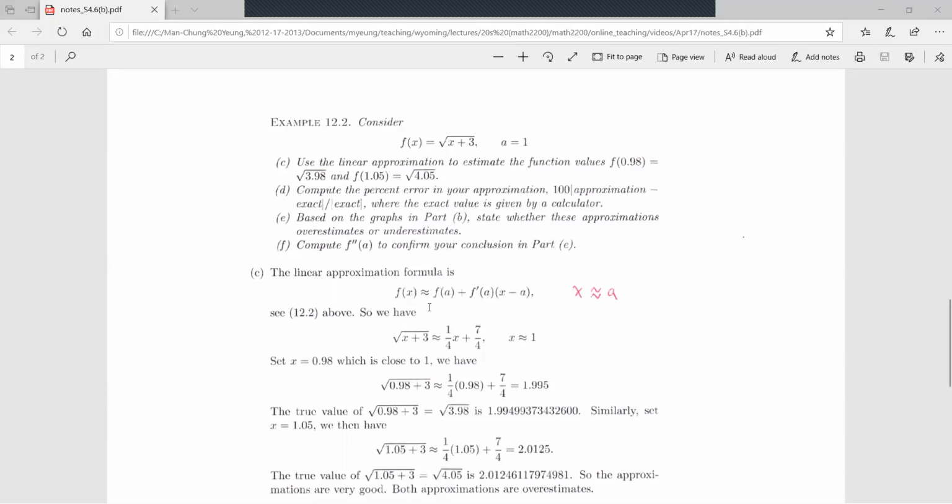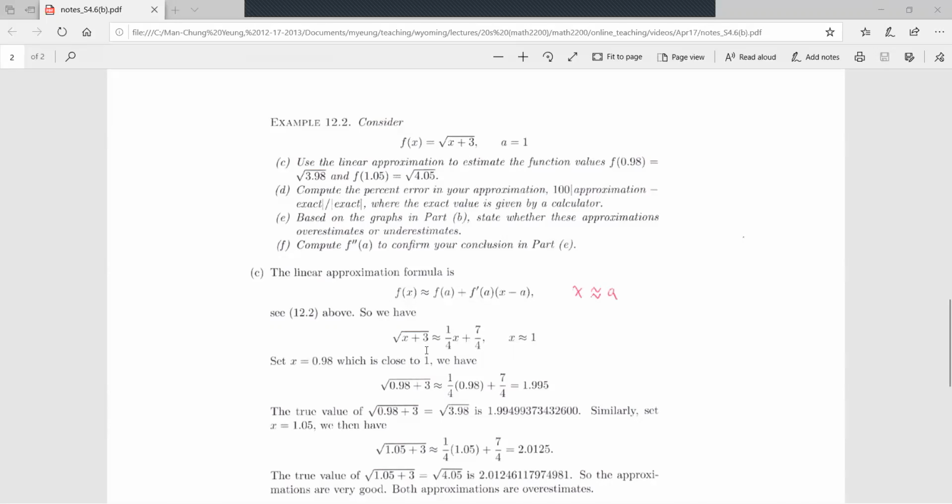In this example, the function f is this square root. So I plug in this square root in f here. The right side is the tangent line. We got the tangent line equation in part A, so I plug in the equation here.